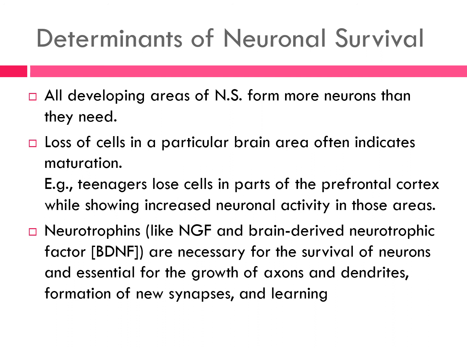And again, part of what's really important to remember is that neurotrophins are necessary for the survival of neurons and essential for the growth of axons and dendrites to form new synapses and learning. And so I don't think it is nerve growth factor, which is one of our neurotrophins that we see, especially as the brain is developing.